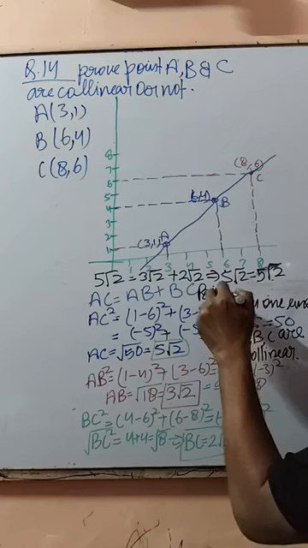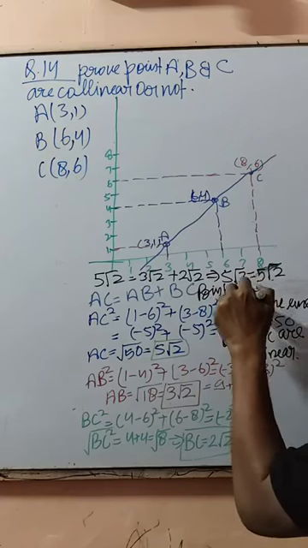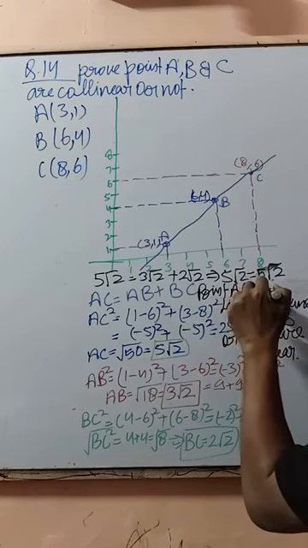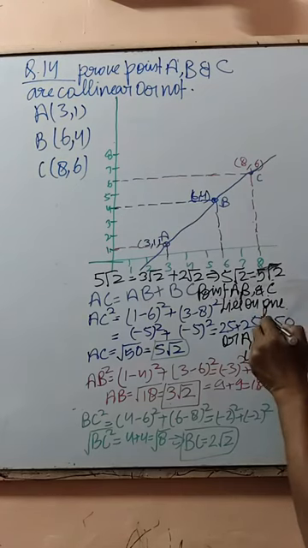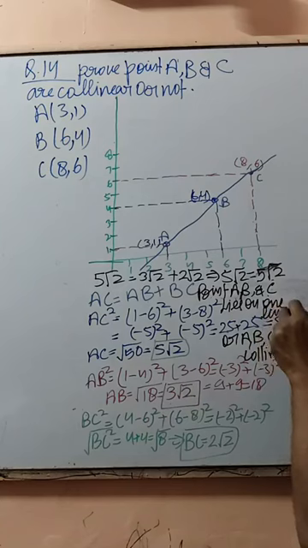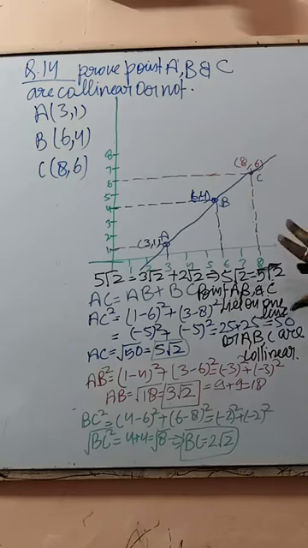Points A, B and C lie on one line. ठीक है. Yes, this is the one way.